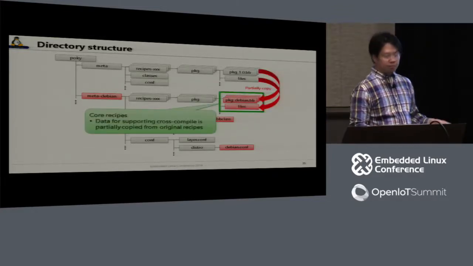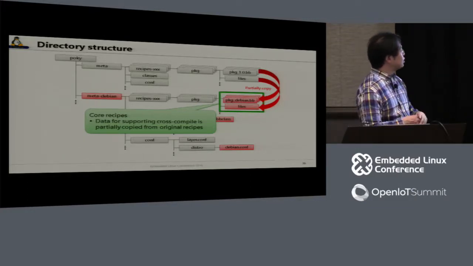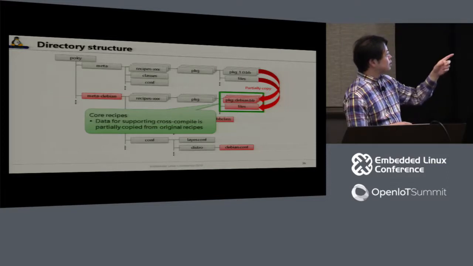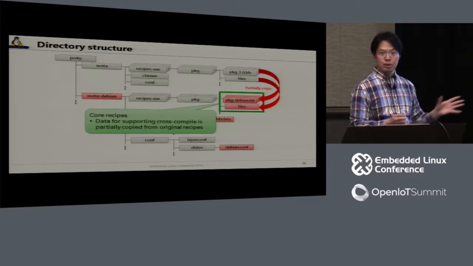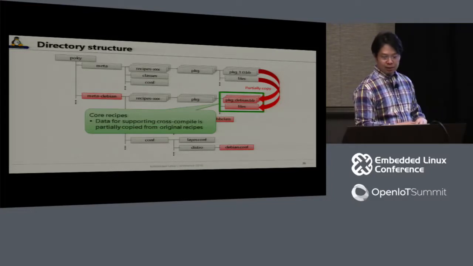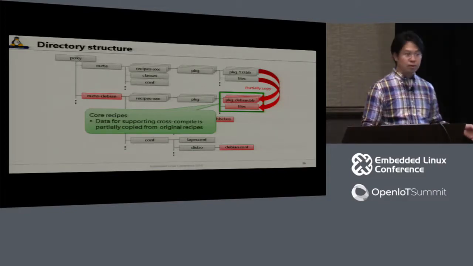And this package-debian.bb and files is the very core recipe. Package-debian is actually the name of the package, for example, BusyBox or something like that. And this data supports cross-compiling and is partially copied from the original recipes, as I mentioned before.